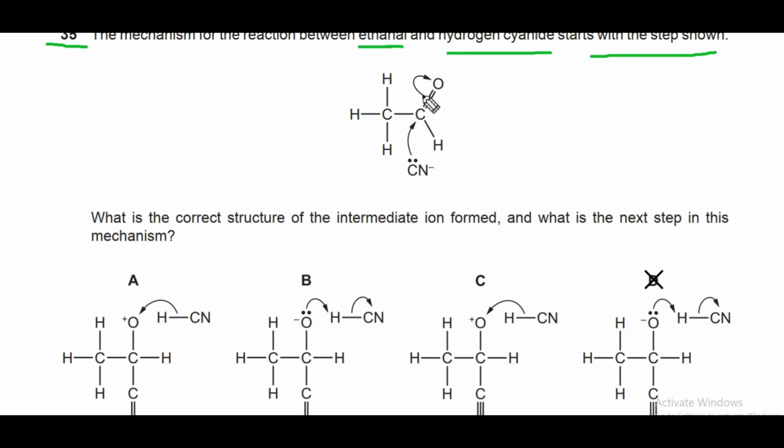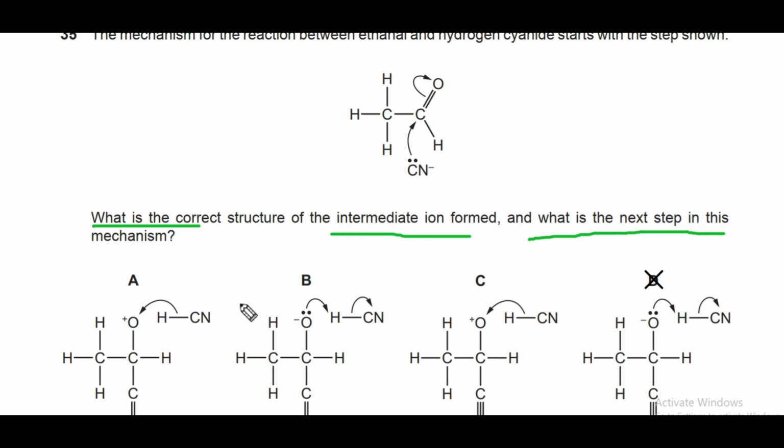So the electrons go to oxygen, the oxygen will be negative, and the cyanide ion will be added to the positive carbon. Now you are asking what is the correct structure of the intermediate ion formed and what is the next step in this mechanism. Now you see, in the intermediate the oxygen will be negative, and the cyanide ion will be added to this carbon.